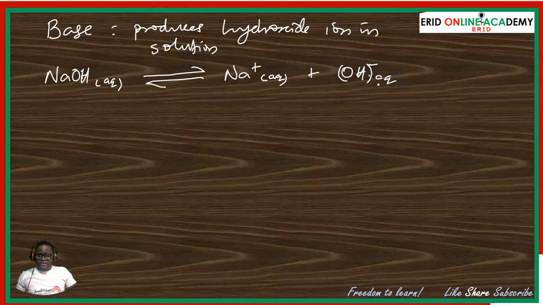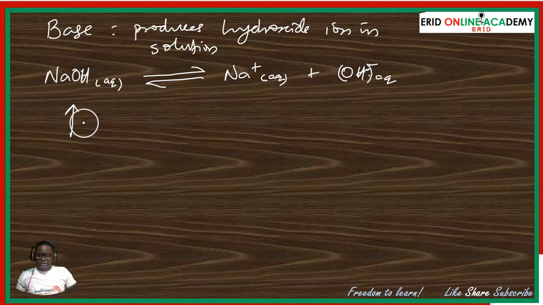So we would expect that the concentration of hydroxide ion in solution will be directly proportional to the amount of sodium hydroxide that is able to dissolve. So what is the comparison here?